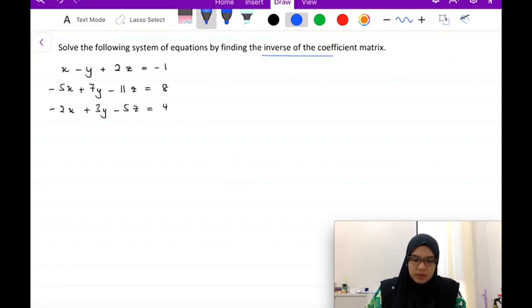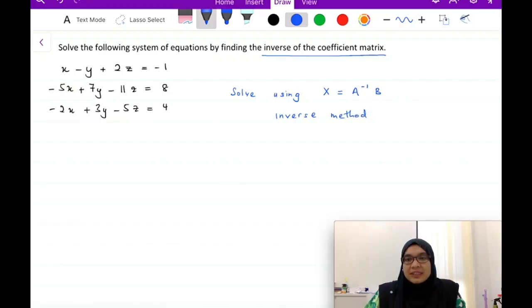When the question asks you to use the inverse of the coefficient matrix, it means that you need to solve the system using the equation x equals A inverse multiplied by B. This is known as the inverse method, or sometimes it's called the inversion method.